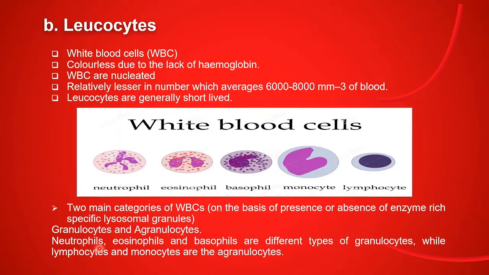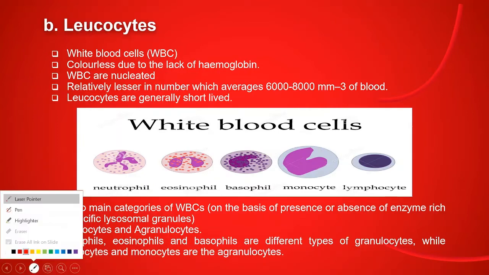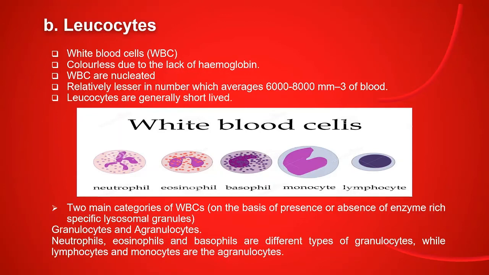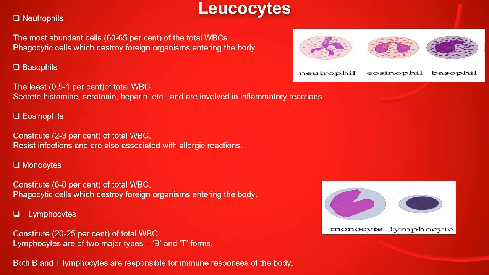So neutrophil, eosinophil and basophils are the different granulocytes, while lymphocytes and monocytes are the agranulocytes. So this can be remembered as MLA, that means monocytes and lymphocytes are agranulocytes. So they do not contain the granules.